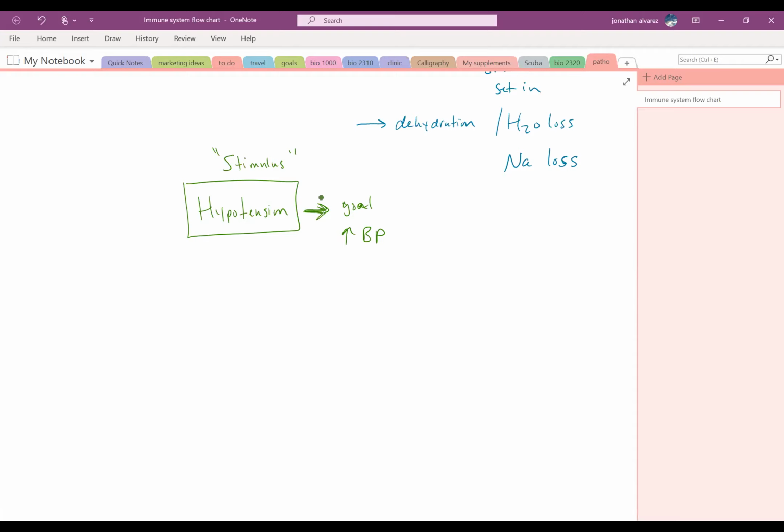All right. So, as far as your body's concerned, okay, you activate the baroreceptors. All right, so those are located in the carotid sinus and the aortic arch.